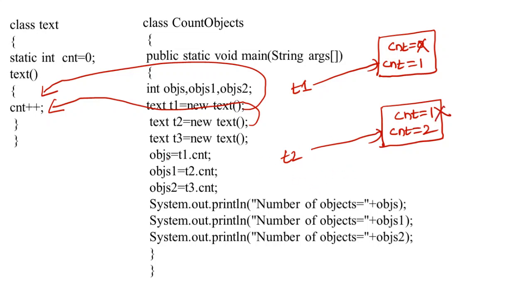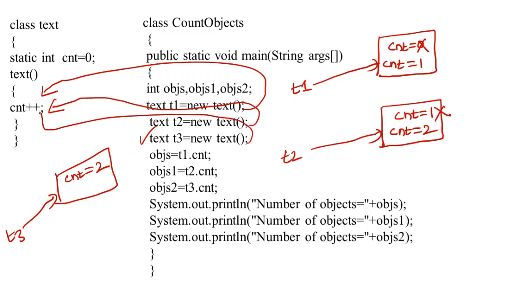Again, I am creating one more object, Test t3, whose cnt initial value is 2, and it is referred to by the reference variable t3. Once I create an object, it automatically goes to the constructor, so this is incremented by 1. Now cnt is 3.